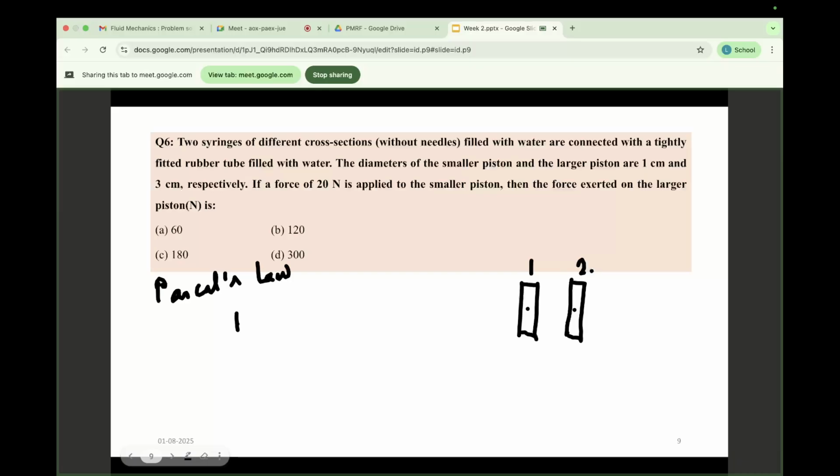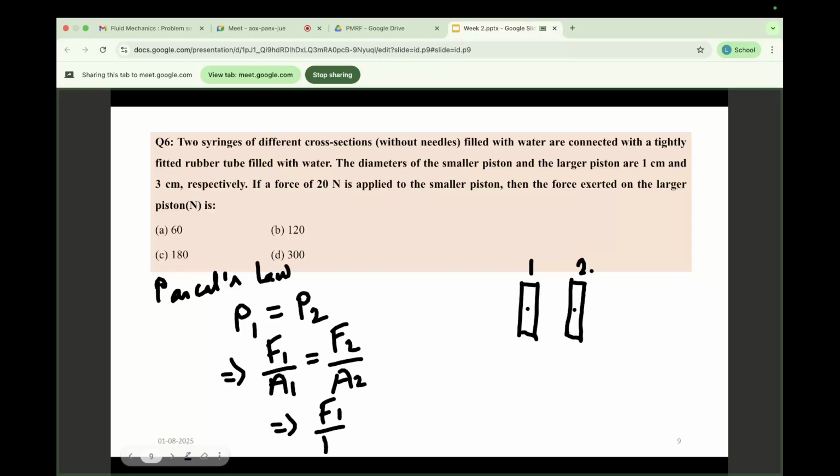According to Pascal's law, pressure at one should be equal to pressure at two. Pressure can be written in terms of force by area, F1 by A1 equals F2 by A2. So I can write F1 by F2 equal to A1 by A2. I just replaced this.